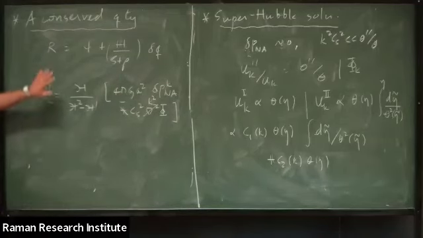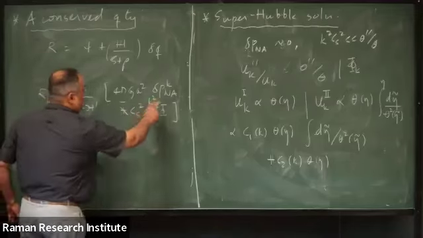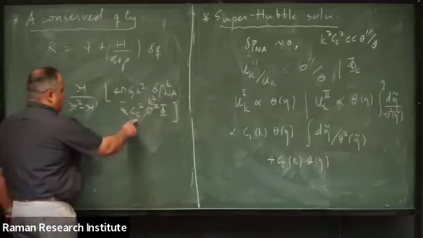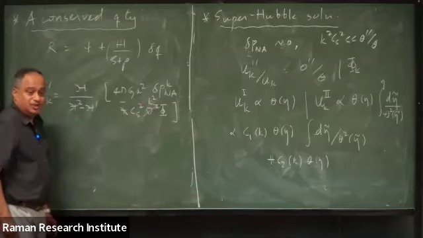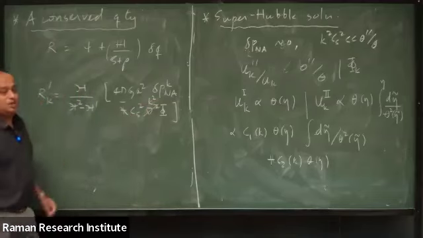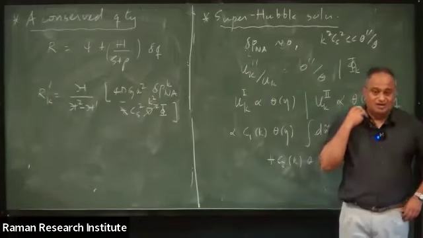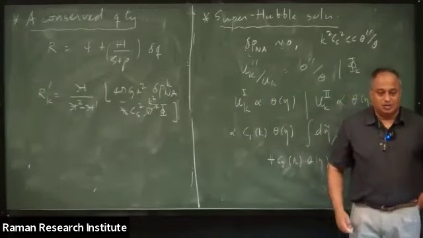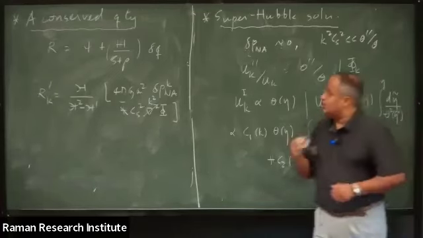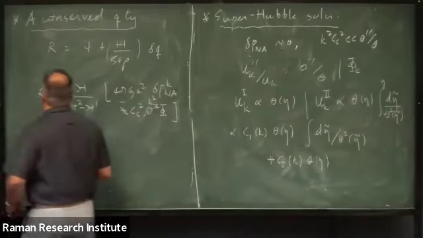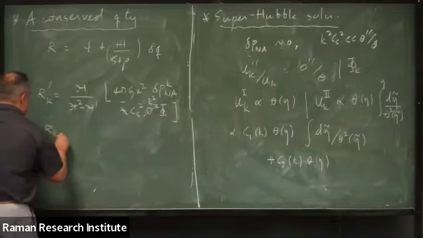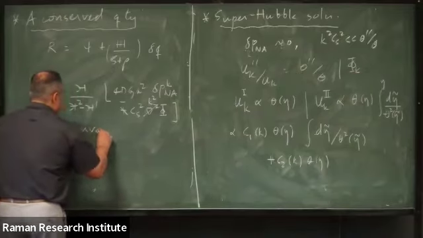Okay, I've just defined some quantity here. Now, what happens if this is zero or negligible? On super Hubble scales, this will be negligible, and therefore R prime will be zero. So there is a quantity R which is conserved on super Hubble scales. And this quantity, R_k, is often referred to as the curvature perturbation.